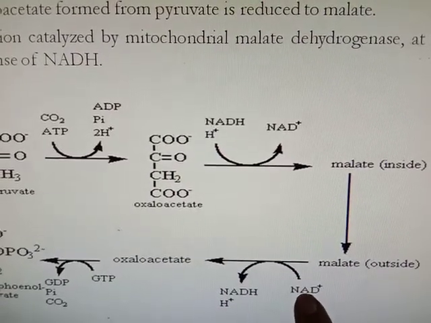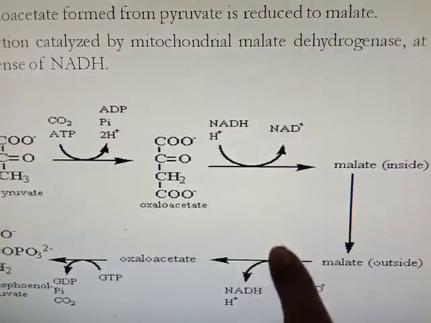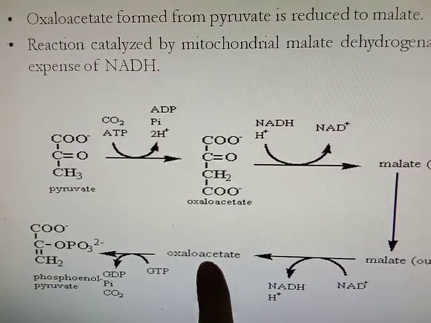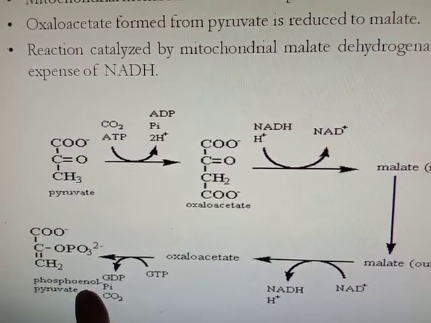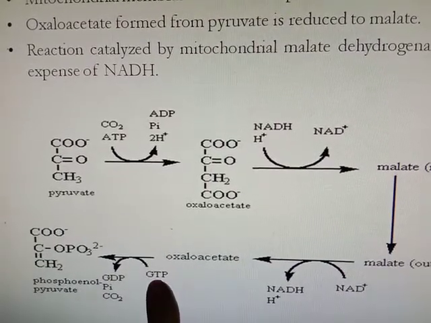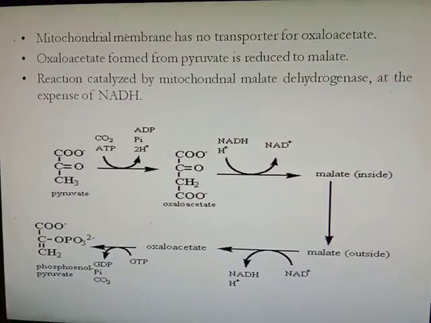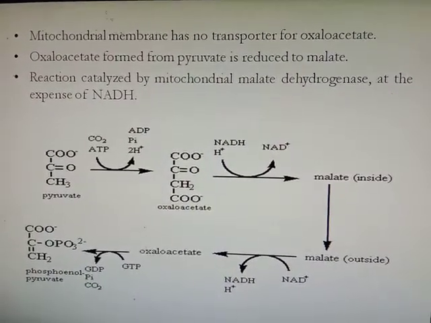In this reaction, NAD is converted to NADH. Whatever NADH is utilized here is regenerated. Then in cytosol, oxaloacetate is converted into phosphoenol pyruvate by the enzyme phosphoenol pyruvate carboxykinase. Here 1 ATP is utilized. Then this phosphoenol pyruvate will enter the further pathway of gluconeogenesis.